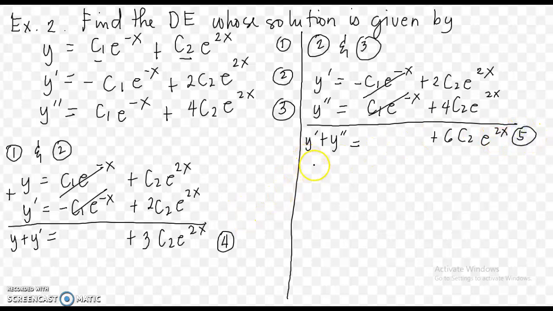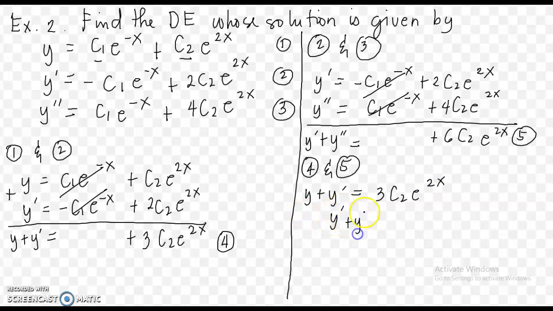Now, from equation 4 and equation 5, we have y plus y prime equal to 3c2 e to the 2x, and y prime plus y double prime equal to 6c2 e to the 2x. Okay.